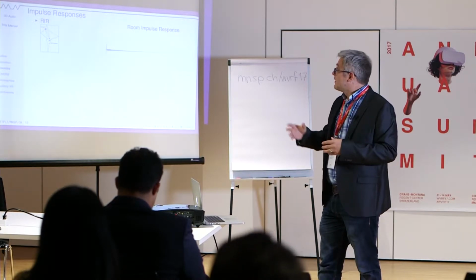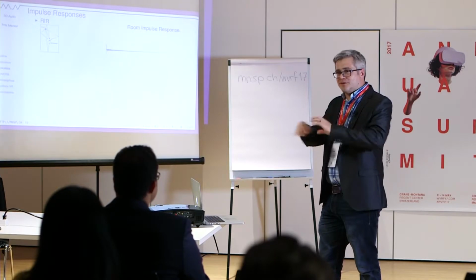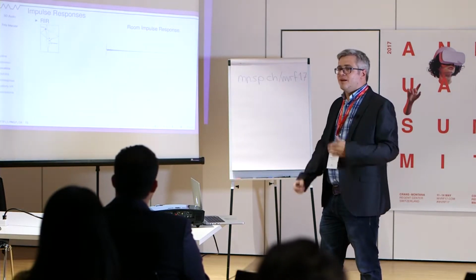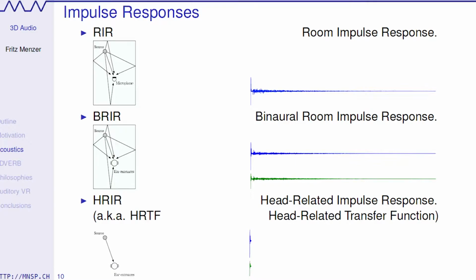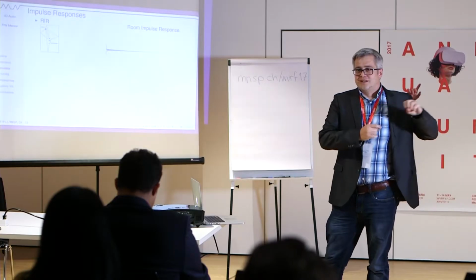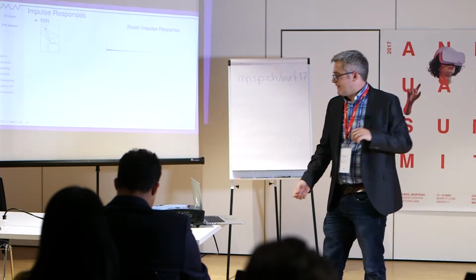So if you have a room and a microphone and a source in it, you have the source emit a perfect impulse. What you measure at the microphone is the so-called room impulse response. And it looks as it's shown here on the slides. So it's basically one impulse, and then there are a few reflections, and it kind of fizzles out into some late reverberation tail.